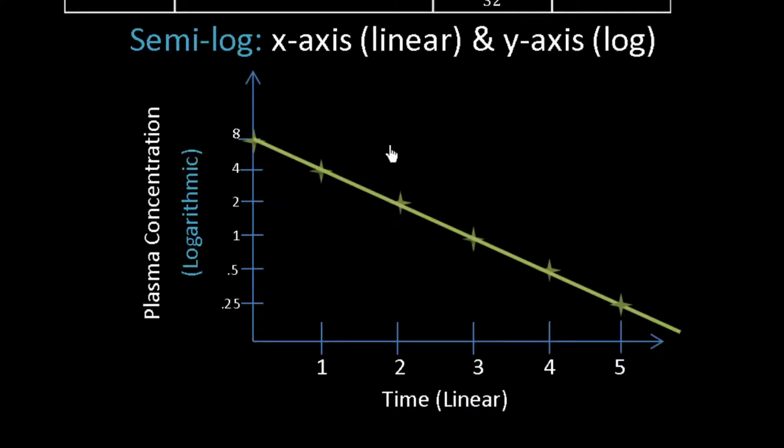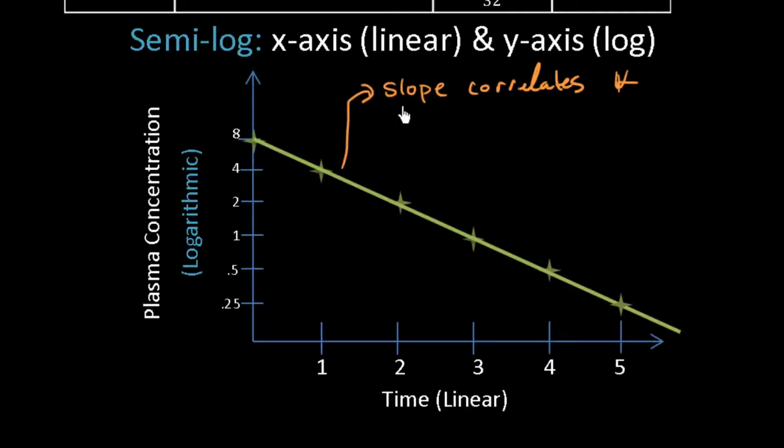Now this graph helps us in a couple of ways. First off, I want you to note that this slope correlates very well, let's just write correlates, with that first order elimination rate constant. And maybe in that future video where I talk about how half-life is derived, I'll tell you how you can solve for k. But just know that it correlates with it. And for your purposes, you can just say the slope is k.